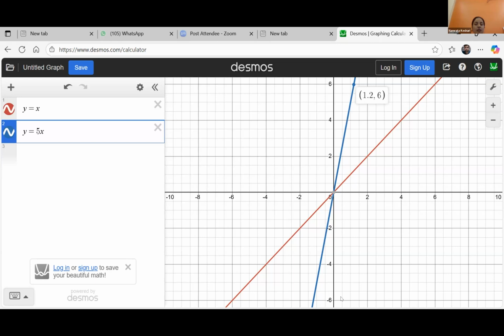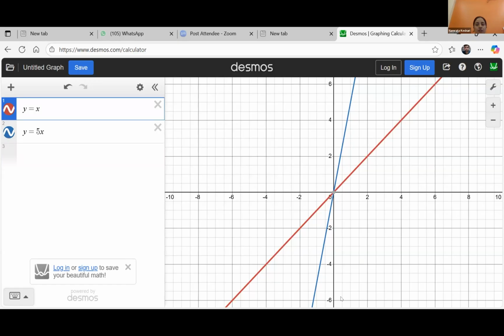Yes, ma'am. Just now I was telling you that there is a formula for finding the slope: y2 minus y1 by x2 minus x1. You can take any coordinates, any points lying on the line.